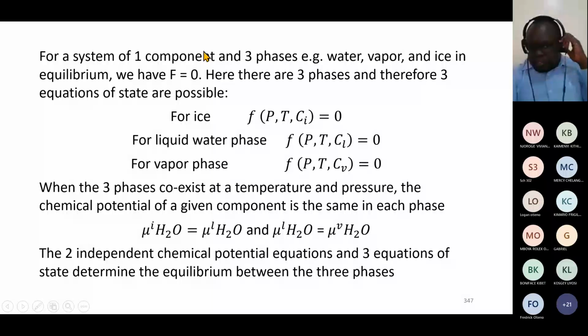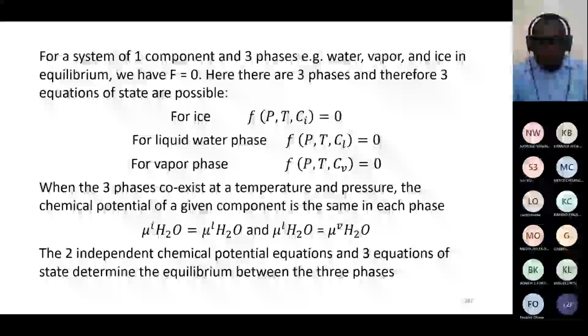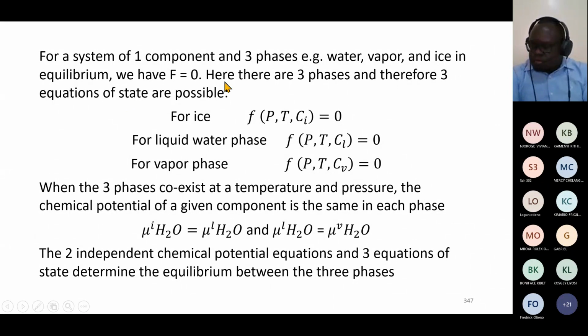Now, if you use the phase rule, here you get the degrees of freedom equals to 0. Okay. Now, without the phase rule, let's consider the number of equations and number of variables that are in this system. And we can use those to determine the degrees of freedom.